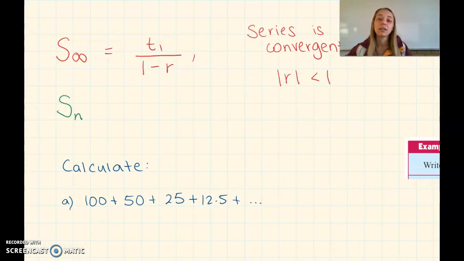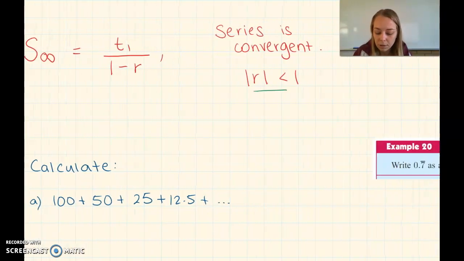So instead of a specific number of terms, we're looking at the sum of the first infinite number of terms. So that's the sum of the infinite number of terms equals T1, which is the first term, divided by 1 minus r, which is that common ratio. And there is that condition there, which is that the absolute value of r has to be less than 1. In other words, that just means the series is convergent.